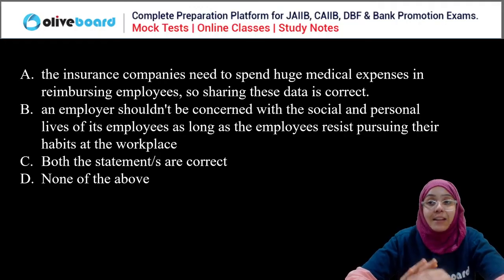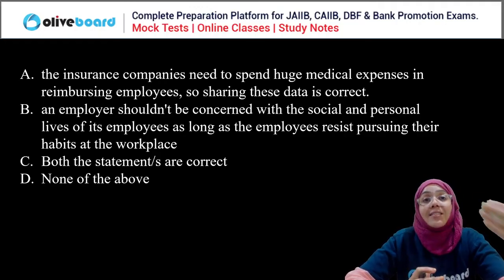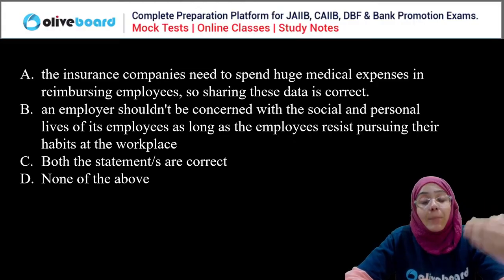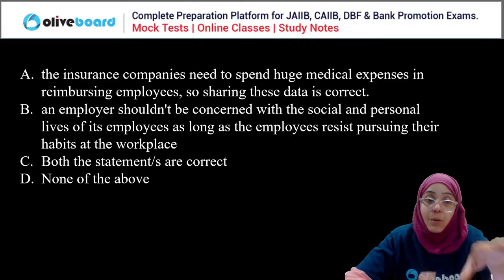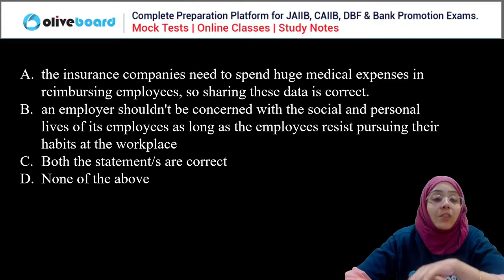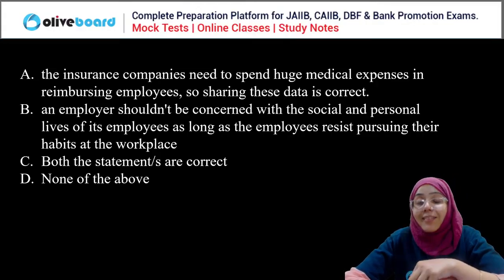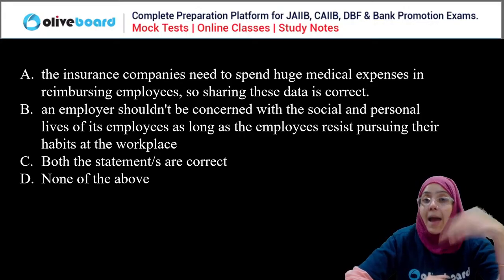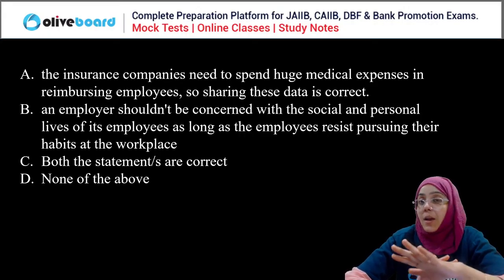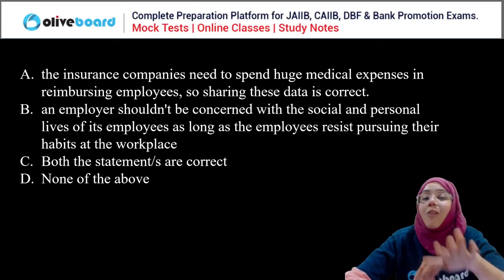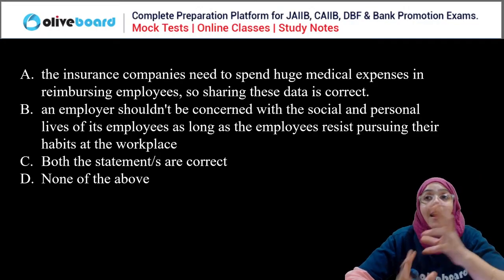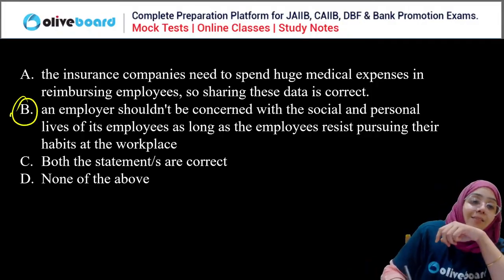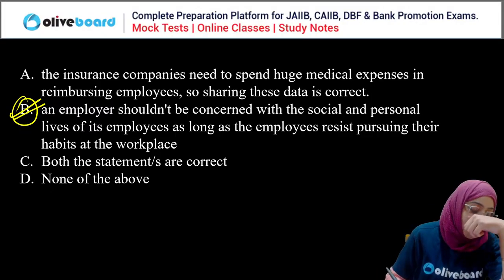Despite the employer presenting their side that they have a lot of expenses in providing the mediclaim, that is not the correct thing because you are breaching the privacy of the employees. As long as the employee is resisting their habits at the workplace, it shouldn't be the concern of any employer what they are doing in their home. So obviously B is the correct answer in this situation.